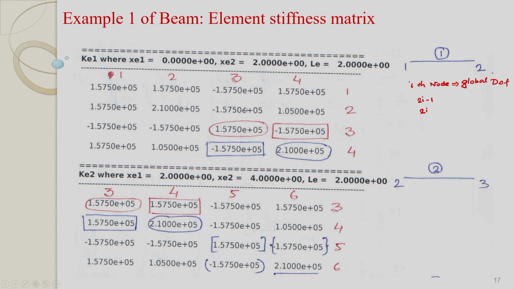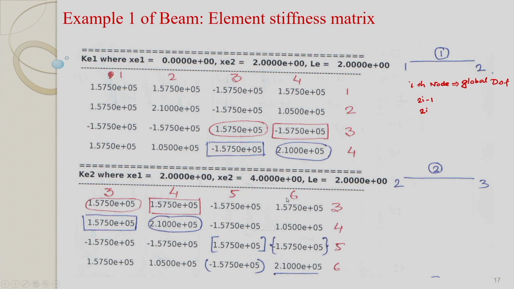So, here the nodes are 1 and 2 for first element. So, global degrees of freedom 1, 2, 3, 4 for first element. So, we are marking each column and row with the associated global degree of freedom.